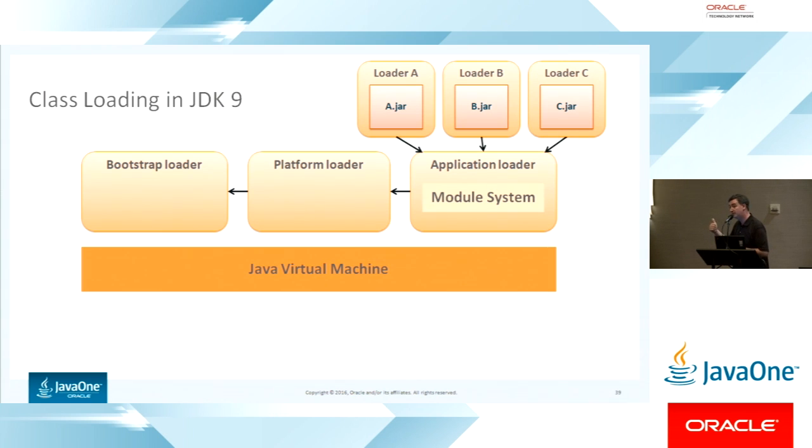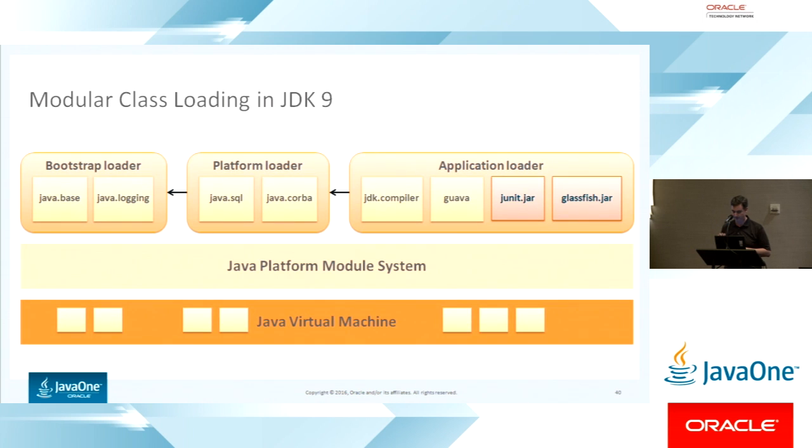A module system that does this will still work on JDK 9 because class loading hasn't changed. But the module system in JDK 9 is quite different. The module system in JDK 9 is not a factory for class loaders, but rather a conduit, a transmission mechanism that allows modules to be communicated to the VM.